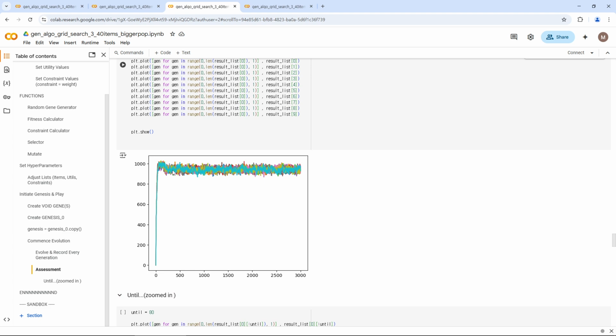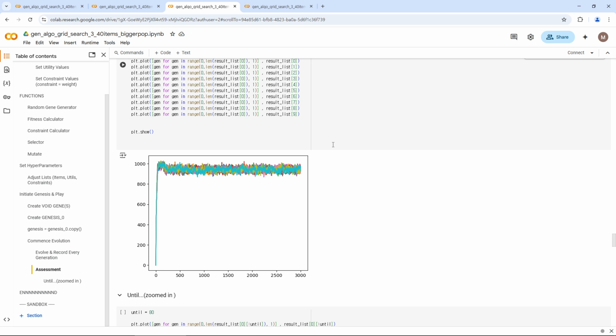But so what I think I can expect to see is that a bigger population than 3,000, for example 5,000, it might bring this even closer.